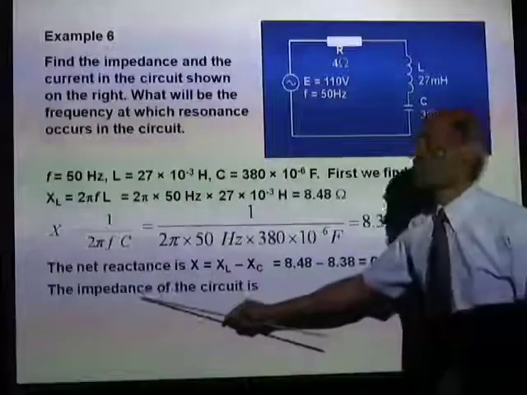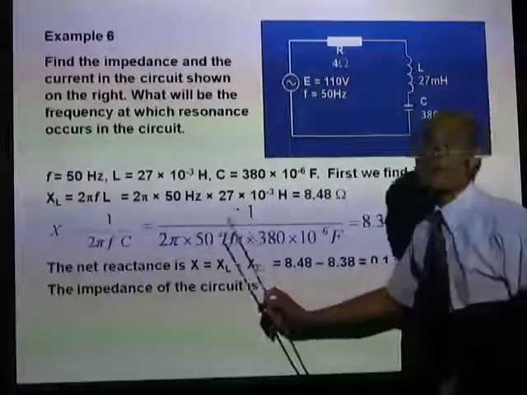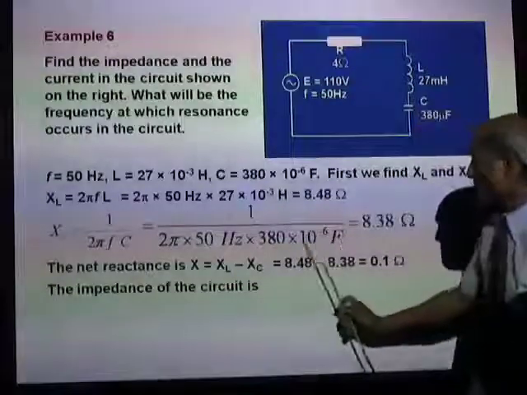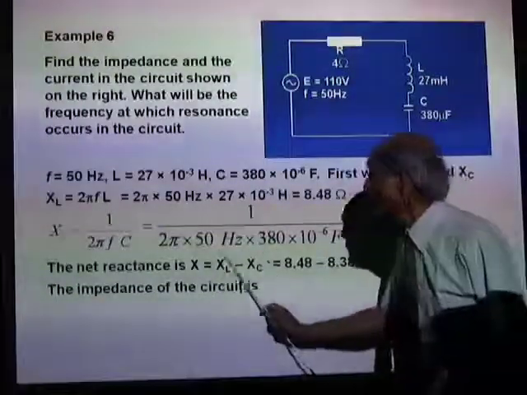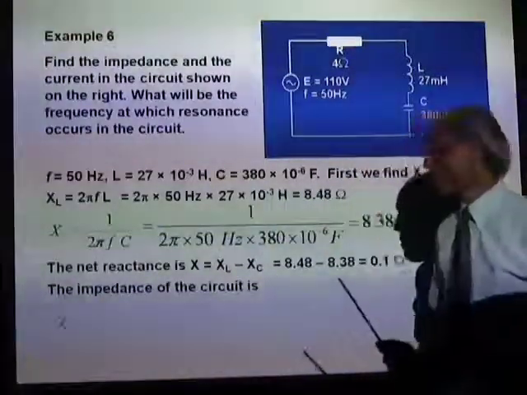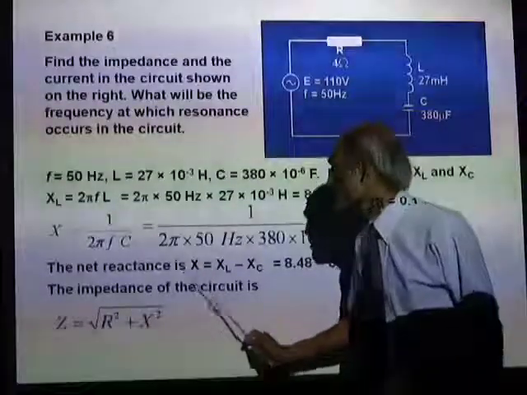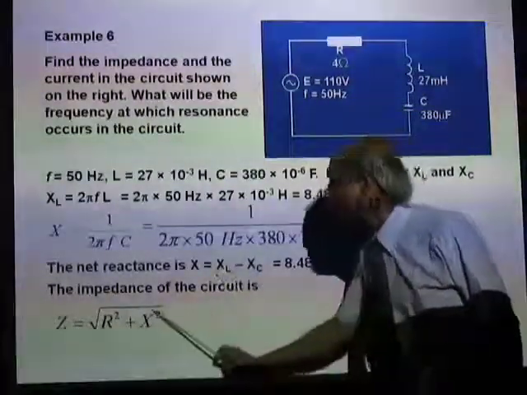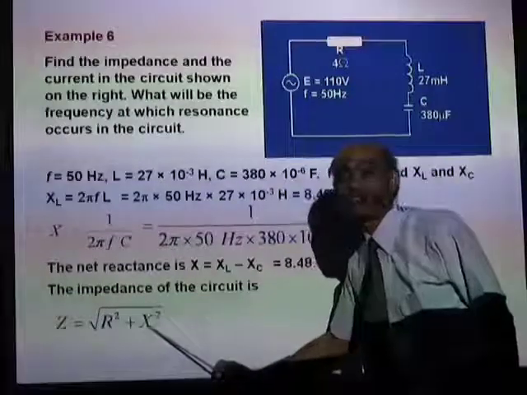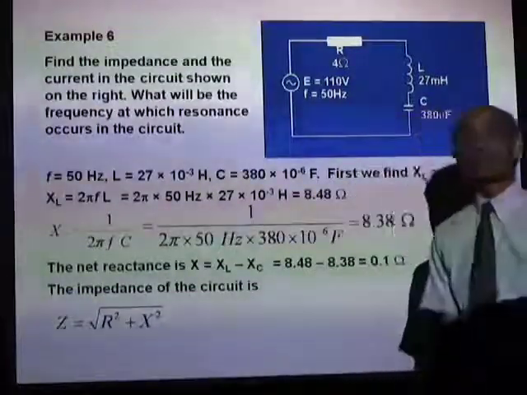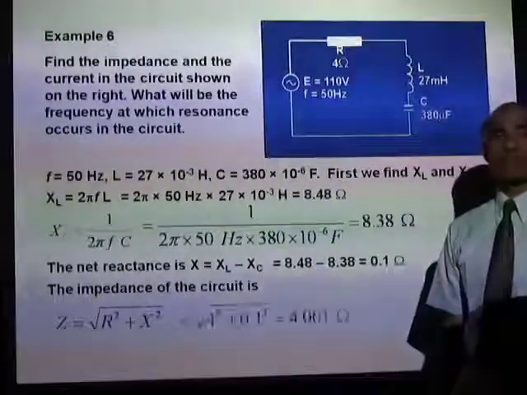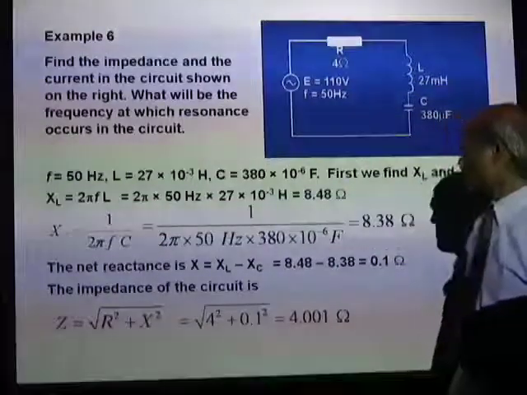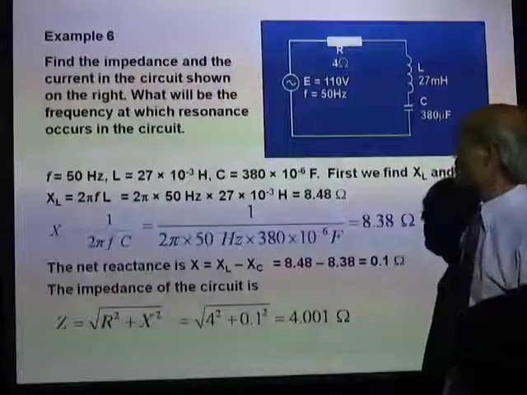So what's the impedance? The impedance is square root of R squared plus (XL minus XC) squared. So I'm going to use that XL minus XC, the net reactance. So Z equals the square root of R squared plus X squared, and that's equal to 4.001 ohm.